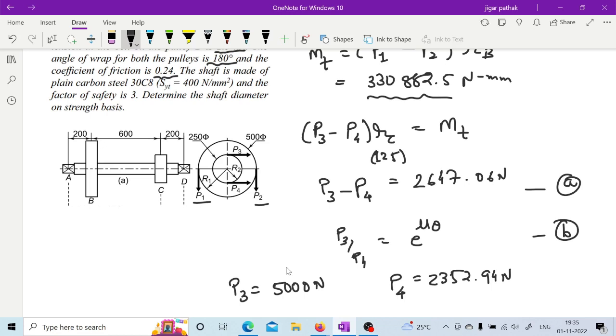So the downward force acting at pulley B is P1 plus P2, right. Here at pulley B, P1 and P2 are acting downwards.